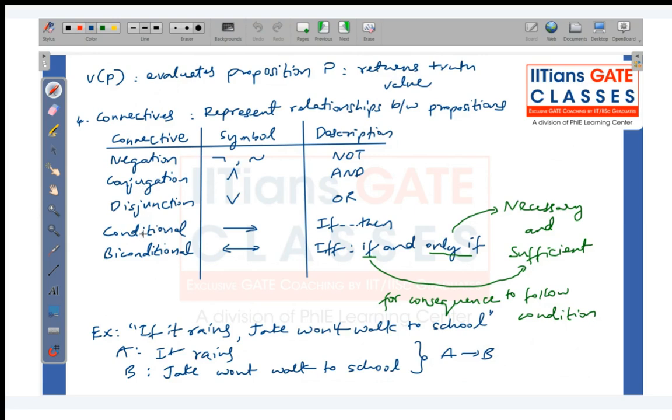Among these three, these two have a property that conditional doesn't. What is that? If I take two propositions A and B, I find conjunction, disjunction, and conditional. In conjunction and disjunction, I can find one pattern that doesn't exist in the conditional. What is that?